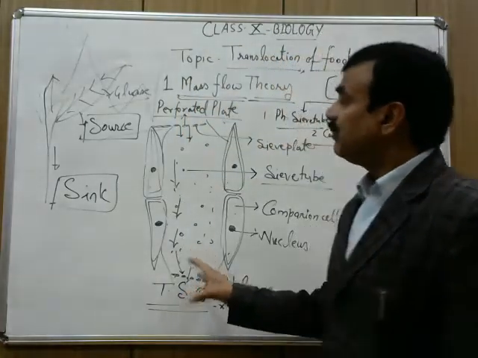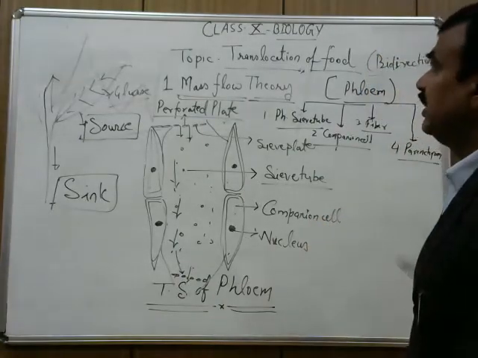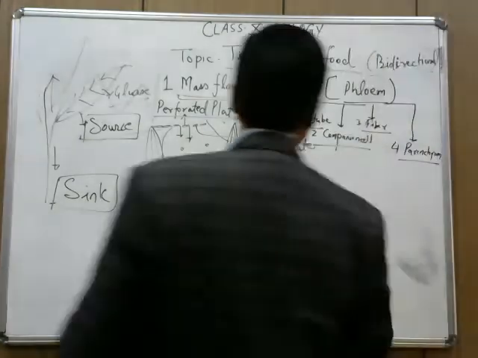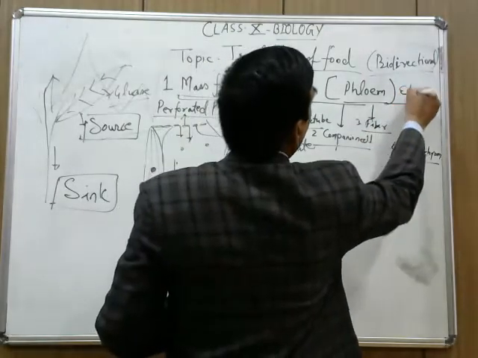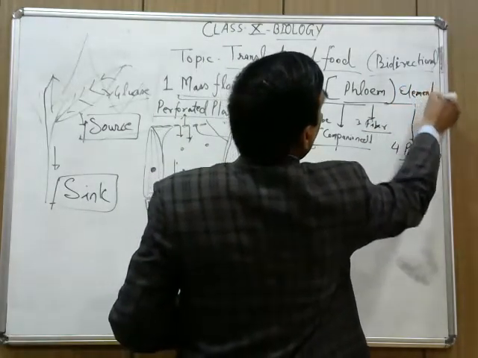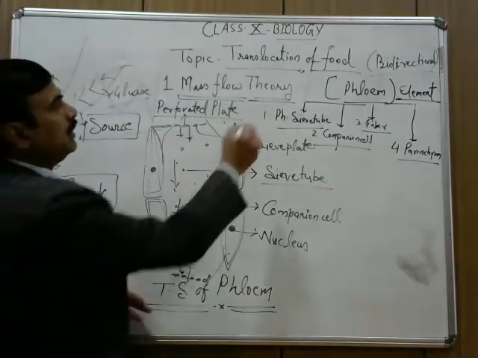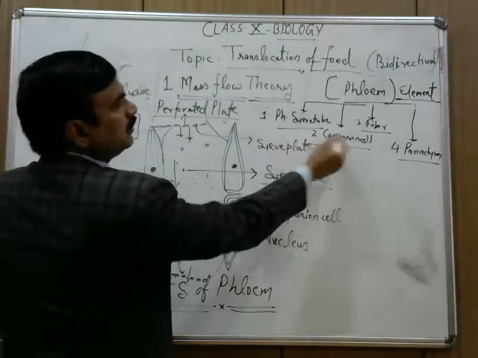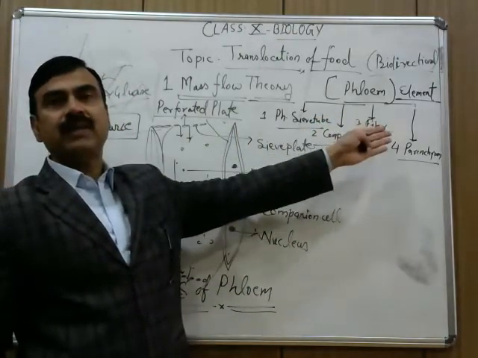So when you have to start the translocation of food, the very first responsibility is that you have to remember the phloem elements. There are 4 elements, as I told you: phloem sieve tube, phloem companion cell, phloem fiber, and phloem parenchyma.